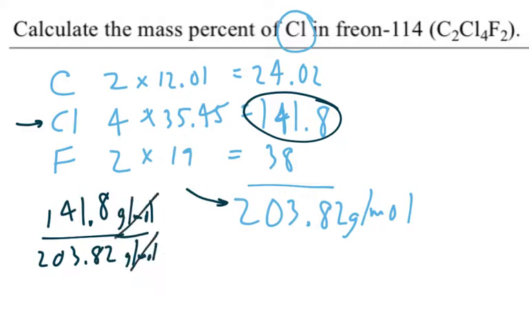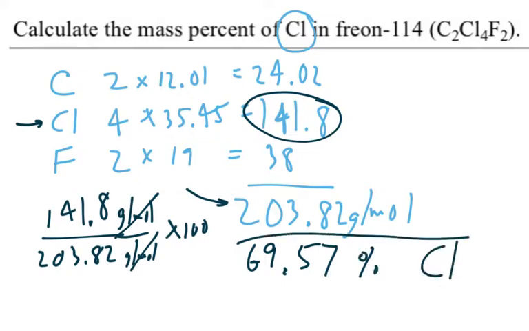They're going to end up canceling. Okay, so we got 141.8. We're going to go ahead and divide that by 203.82, and don't forget, always multiply by 100 to make this a percent. You're going to end up getting 69.57% as our percentage of chlorine.